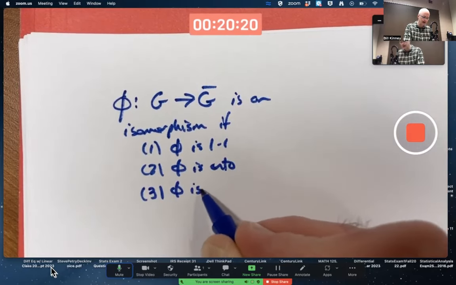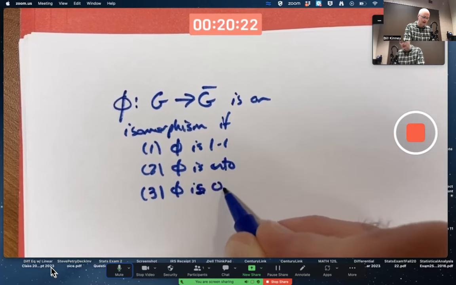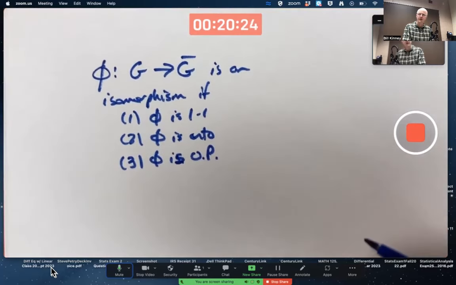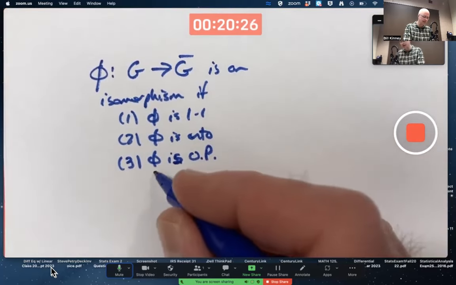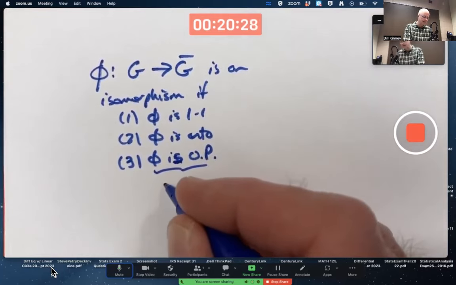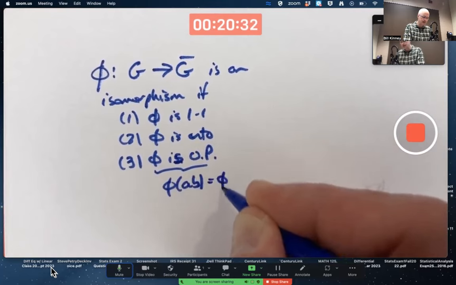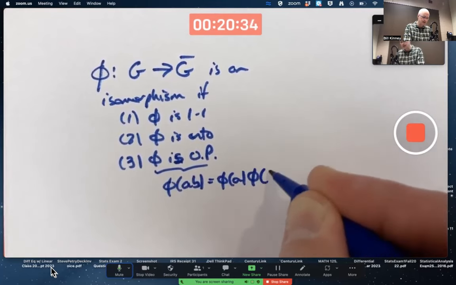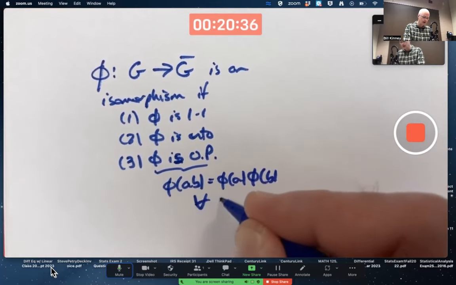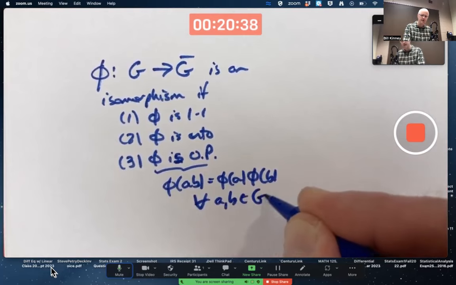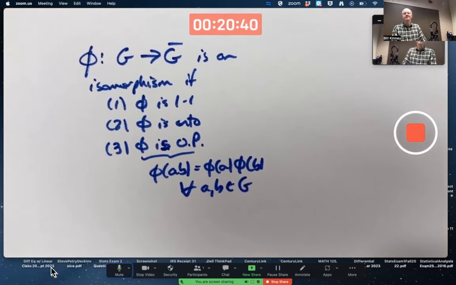You can abbreviate that OP, but if I put this definition on the test, say what that means. It means phi of AB equals phi of A times phi of B for all elements A, B in the domain G. That's what operation preserving means.